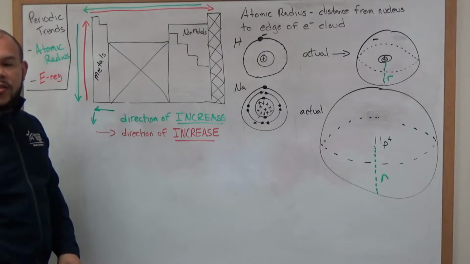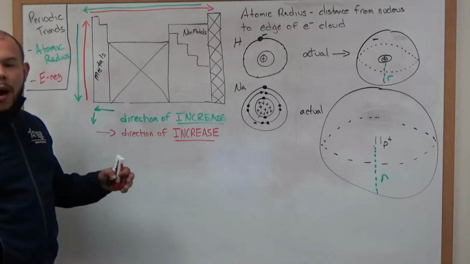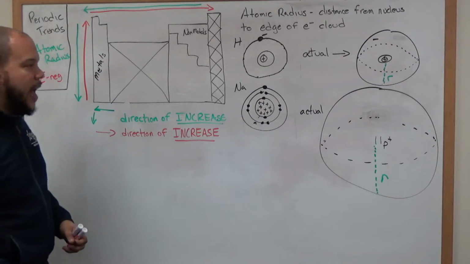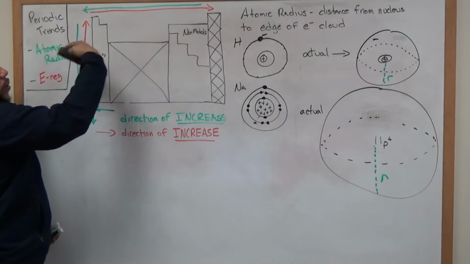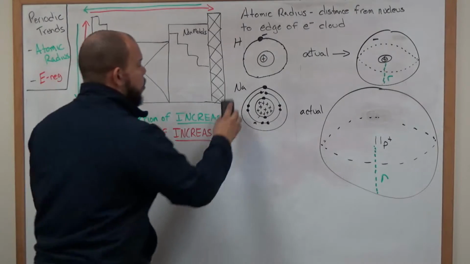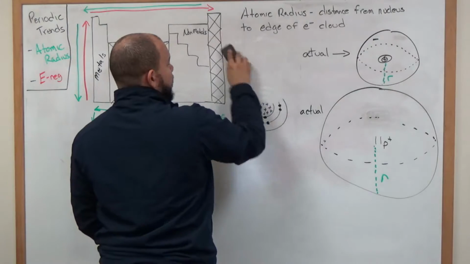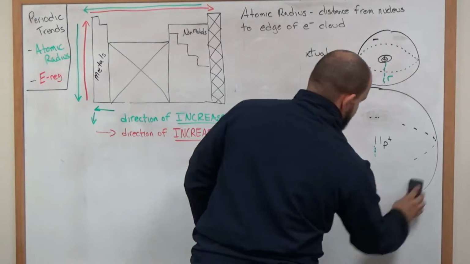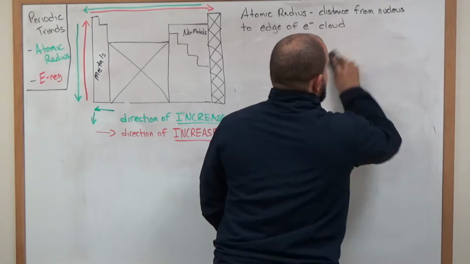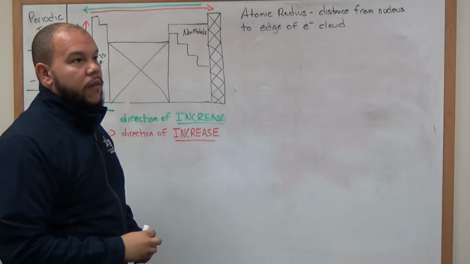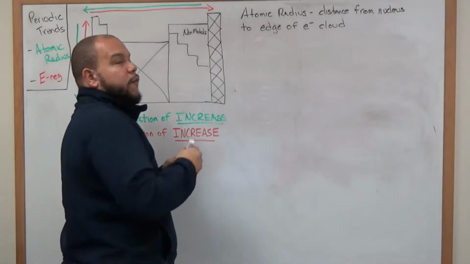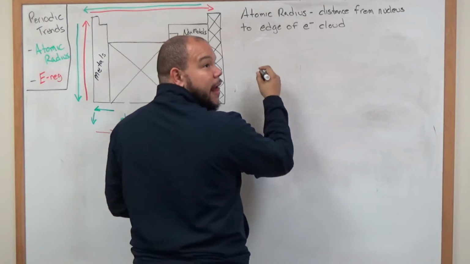All right, let's talk a little bit about why it decreases as we go across. So it increases as we go down. Let's talk about a scenario when we go left to right. Let's look at the example of fluorine and lithium.